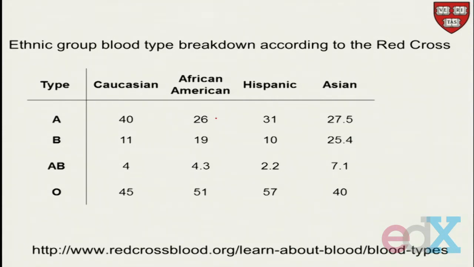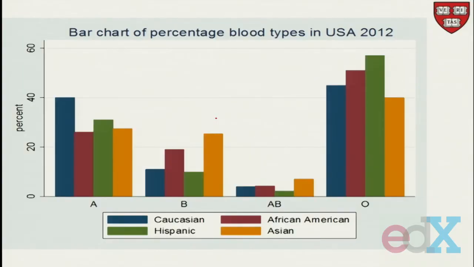Now, we could study this and get some understanding of how these distributions vary. Alternatively, if we just draw the bar charts and put them side by side, we get an immediate picture of what's going on.